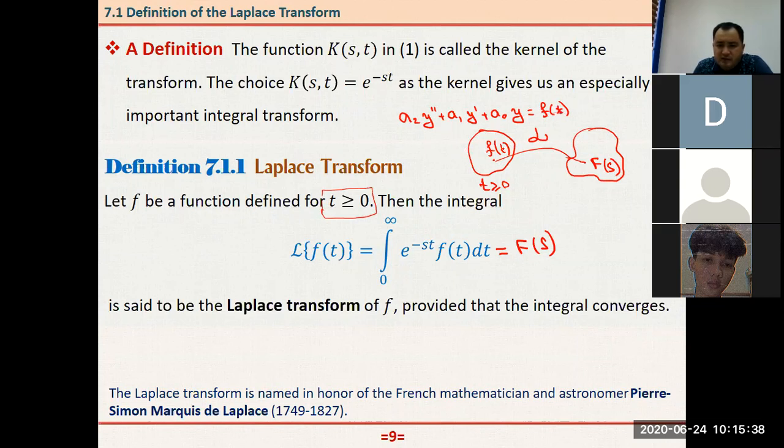I can write f of t, but this is a different f, so let me just write g here. Now we need to solve this differential equation, and I can find the value of y by using this Laplace transform. First I will transform this into the new space and solve the differential equation there. If I can find F, then by applying the inverse transform I can get back to this space and find y.